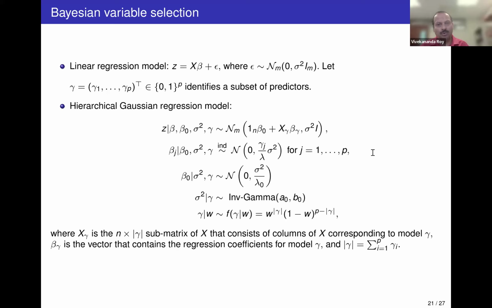For example, gamma 1 is 1 if that variable is active, 0 otherwise. In the hierarchical model, the first line is the normal linear regression model. The second line is a special choice of what is known as the spike and slab prior.